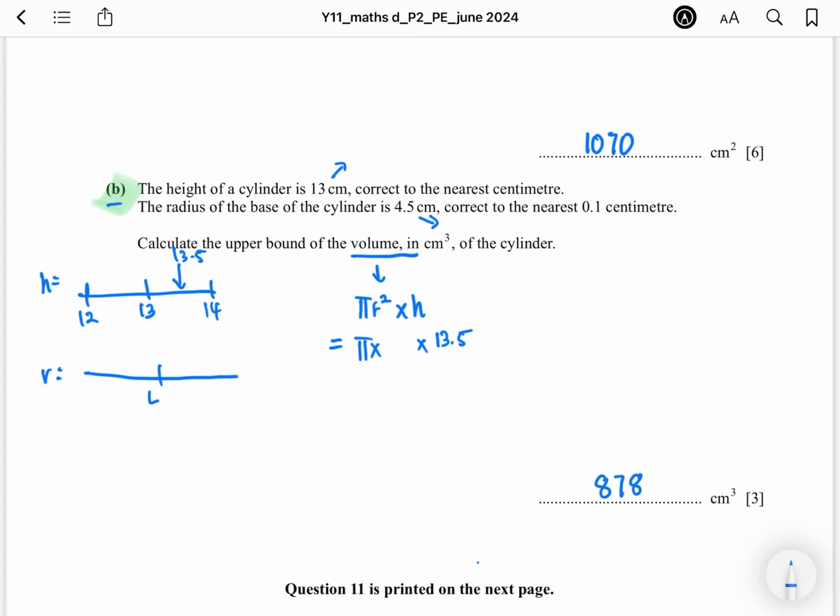Radius 4.5, to 0.1, that means the next one is 4.6, so the upper bound is 4.55. So 4.55 squared. Put it in the calculator, calculate it. Oops, I pressed it incorrectly in my calculator.